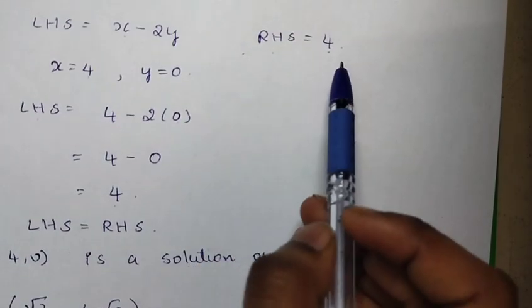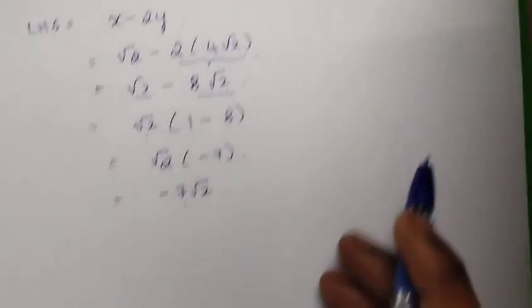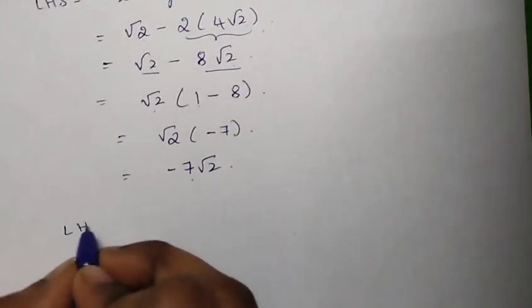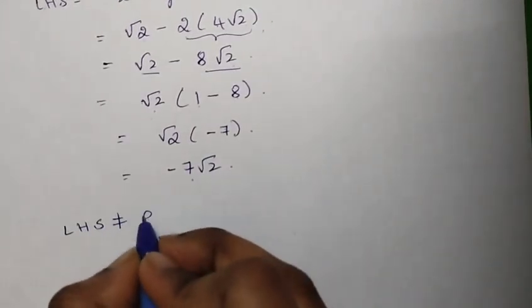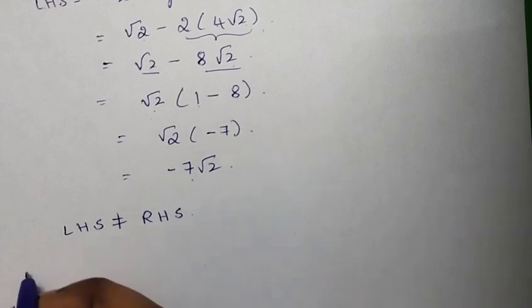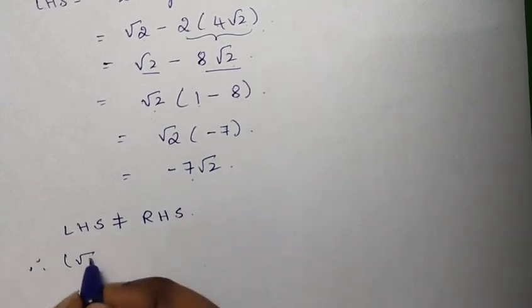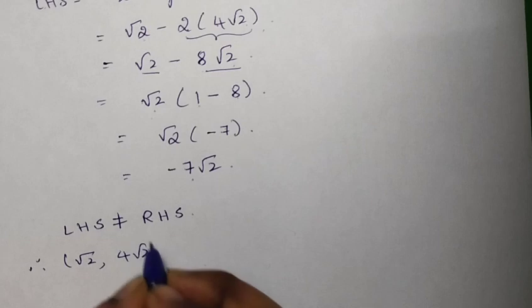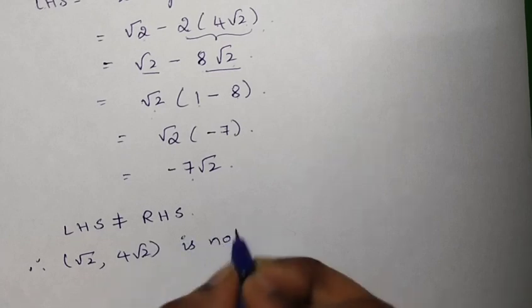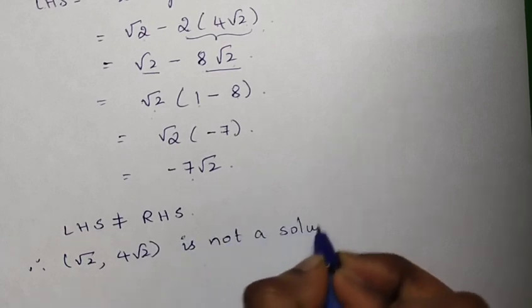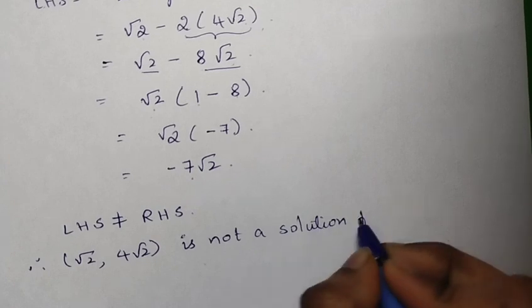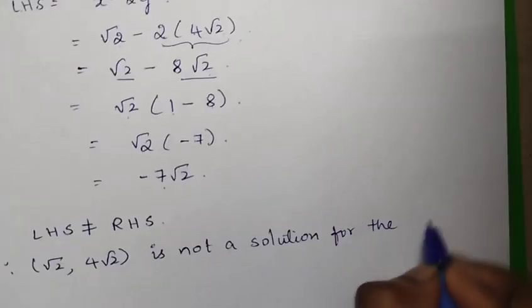But what is our RHS value? RHS value is equal to 4. So what can we conclude from this? LHS is not equal to RHS. Therefore, root 2 comma 4 root 2 is not a solution for the given equation.